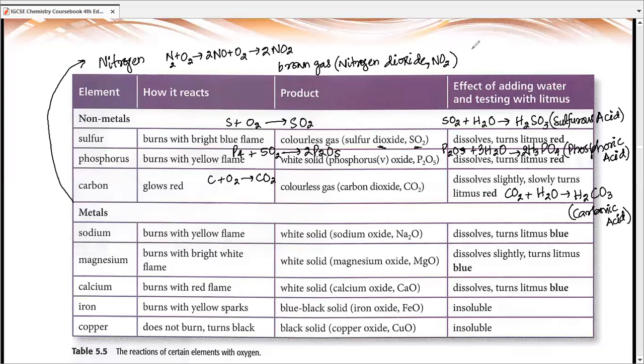Now this NO2 reacts with further oxygen and water to form, this is 2H2O, 4HNO3, and we know this is nitric acid.